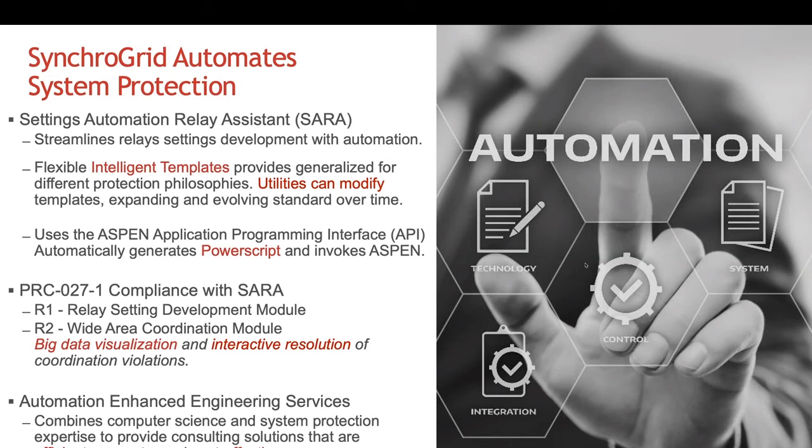And then we also have a wide area coordination module that addresses R2, which has both big data visualization and an interface to interactively resolve coordination violations, all along interacting with ASPEN to verify that changes made to relay settings are in fact coordinated. And then finally, we work with the consulting side of the company, combining computer science and system protection expertise to provide consulting solutions that are efficient, accurate, and cost effective.